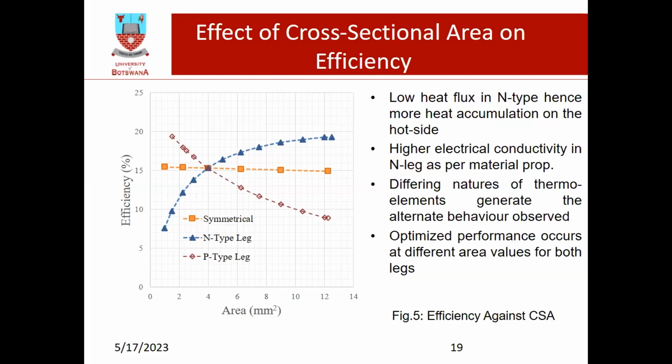And you'd find that with an increase in the area, the P-type efficiency decreases, whilst the N-type increases, due to the higher electrical conductivity as per the material properties which were highlighted in the previous slides. Now, again, optimized performance occurs at different area values for both the legs. As much as it differs for the variation in height, it also differs for the variation in the area.